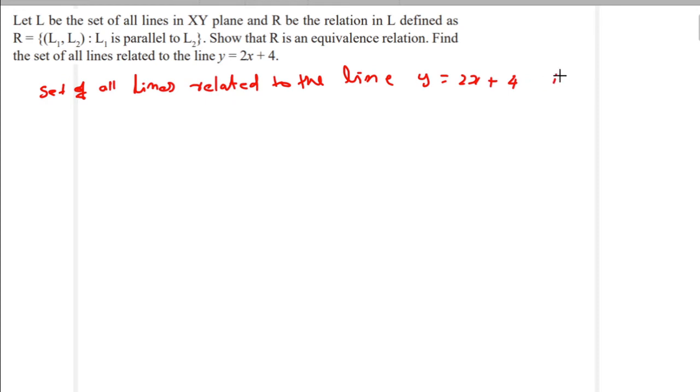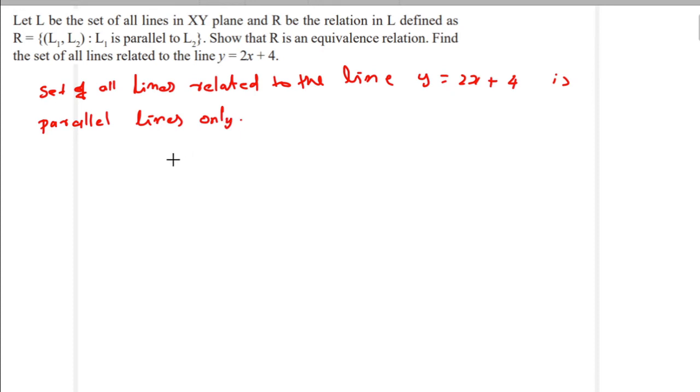So here, the set of all lines related to the line y equal to 2x plus 4 means, since the relation is parallel, parallel lines only.